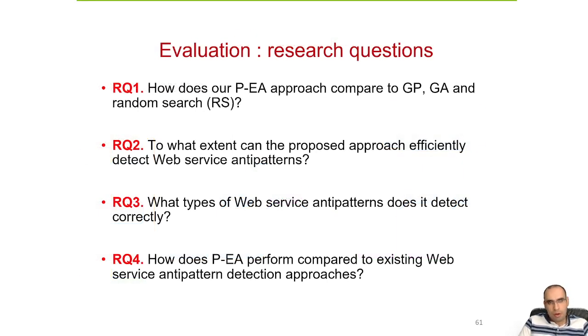To evaluate our solution, we mainly defined 4 research questions. For the first research question, we compared our solution to canonical genetic programming, genetic algorithm, and random search. As for the second research question, we looked at to what extent our proposed approach can detect web service anti-patterns.